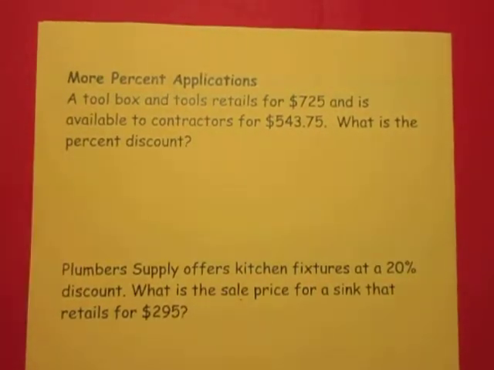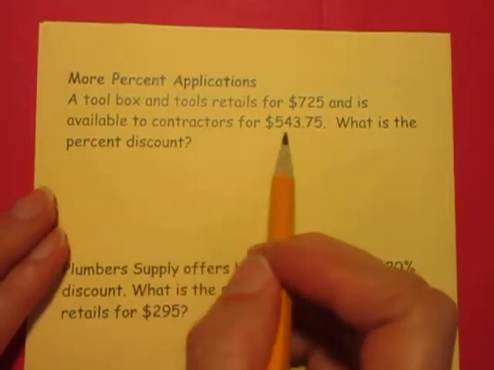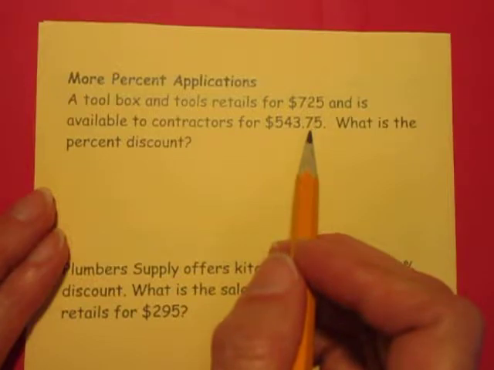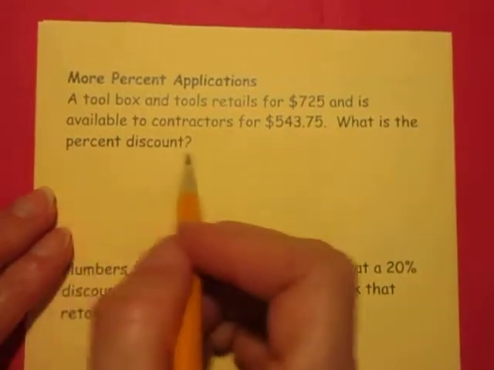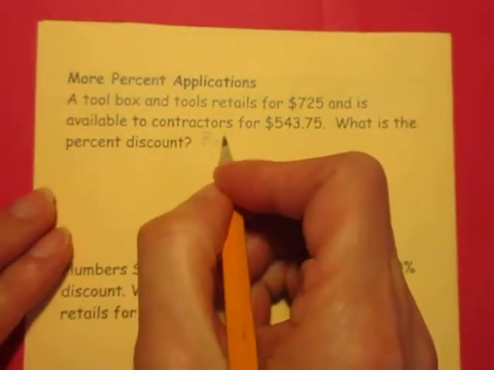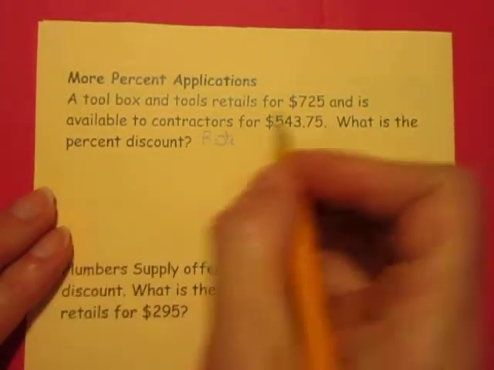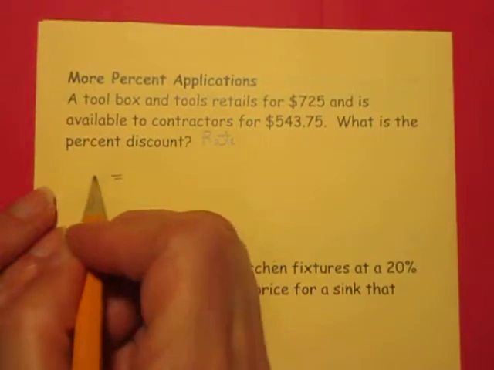Okay, we've got a couple more percent problems. Our first one, we have a toolbox and tools that retail for $725, and it's available to contractors for $543.75. What is the percent discount? And so I think everybody recognizes that we're looking for the rate. So they automatically look at this and say, well, there's my whole.